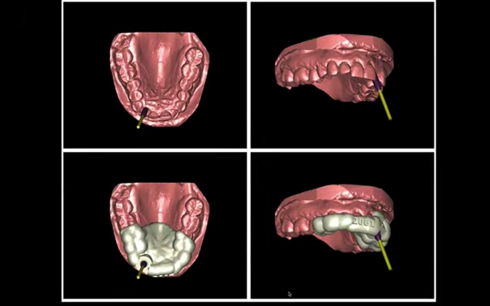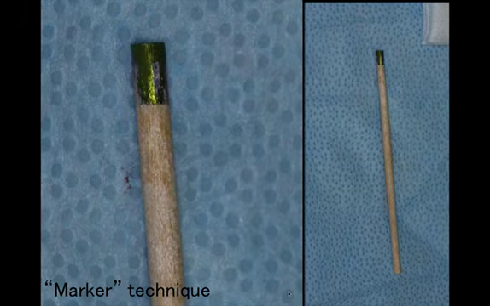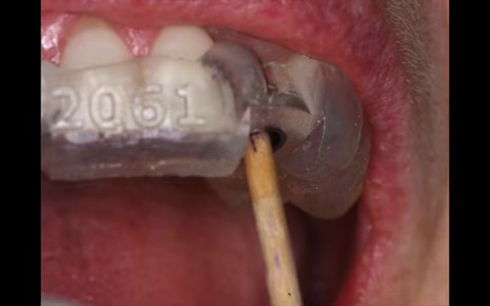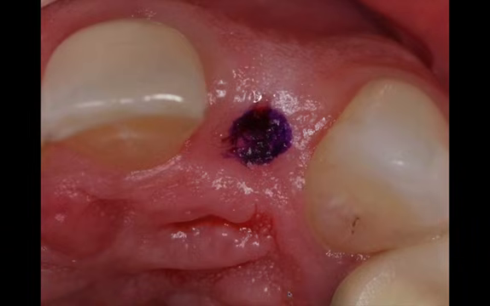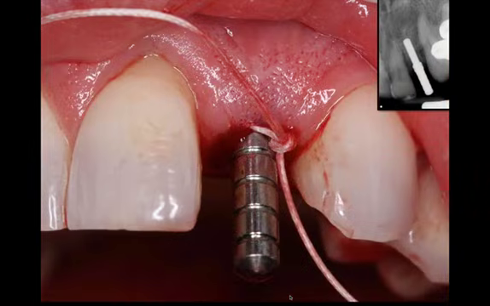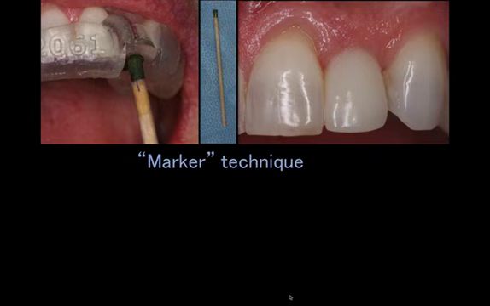The more important question is, where do we create the punch access? And one way is to use your existing surgical guide and use the marker technique, a denture pressure point marker through the guide, marking the implant site on the soft tissue, and then creating a circular incision around your marking. And then you have soft tissue access, or a punch access, to place your implant.